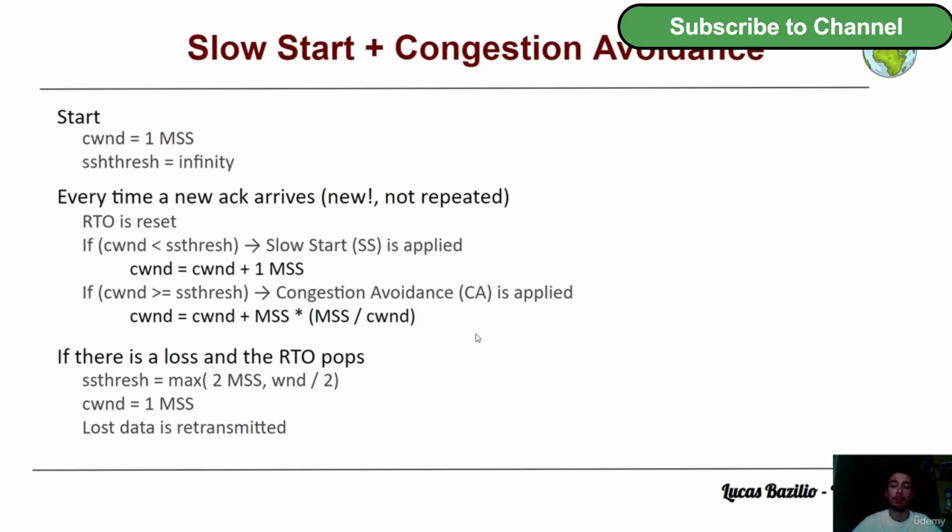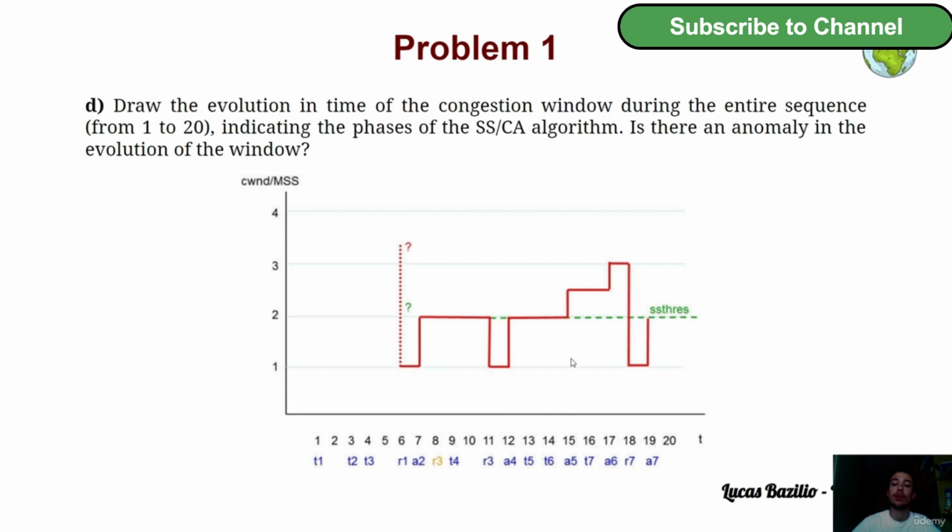We can substitute the actual value of the congestion window, which is 2 plus 1 maximum segment size, multiplied by 1 maximum segment size divided by the current congestion window, which is 2. So this gives us 2 plus 1 multiplied by 0.5. 2 plus 0.5 is 2.5. So at this point, on the exchange 15, we increase the congestion window from 2 to 2.5, as we can see here.